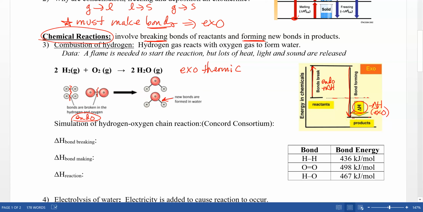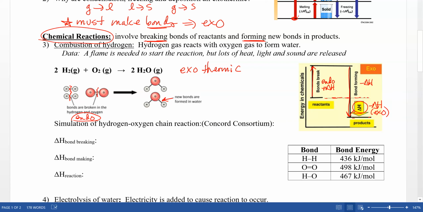It's releasing more energy than what it absorbed, and so the net change is negative delta H. I mean, the bond forming is also negative delta H, but that difference is going to be our overall reaction delta H. So let's see if we can actually get the numbers of how much energy it takes to break the bonds and how much energy is released when the bonds form.